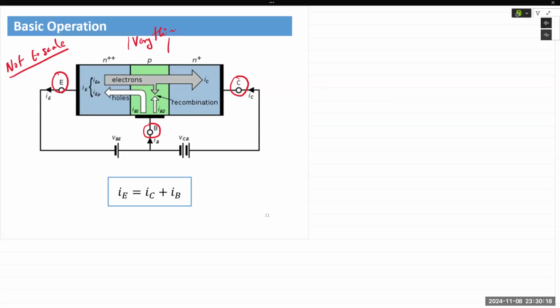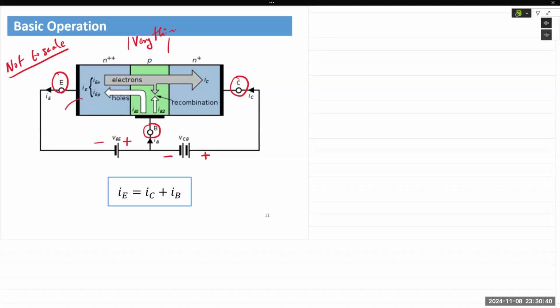Okay, so here we can see the emitter and base is applied a voltage VBE. Collector and base is applied a voltage called VCB. And we can see that the emitter base junction right here, it's a PN junction diode, it is forward biased.